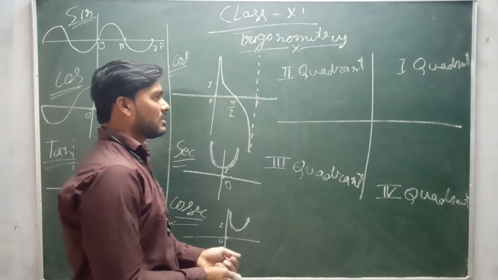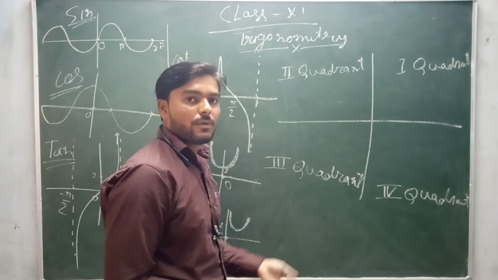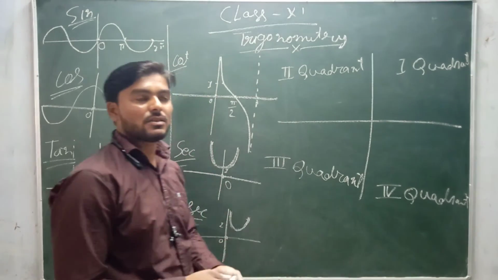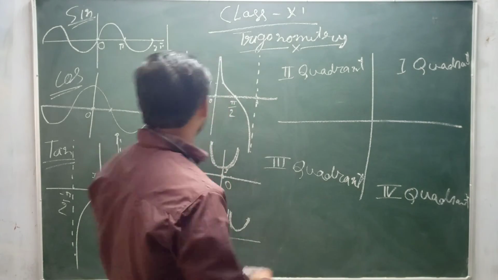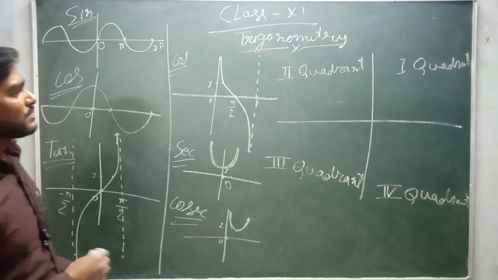These are the four quadrants. We will simplify in which quadrant which trigonometric function will be positive or negative with these graphs.